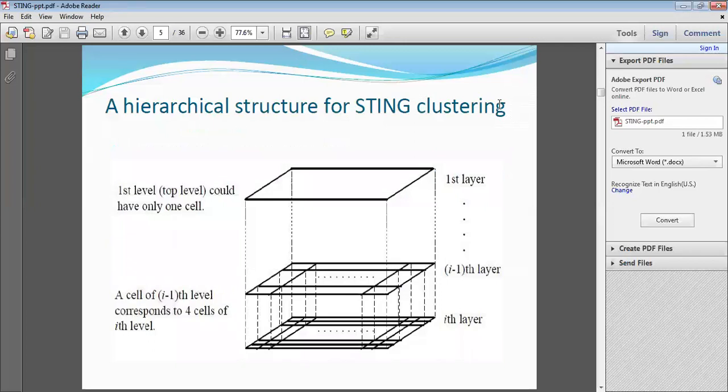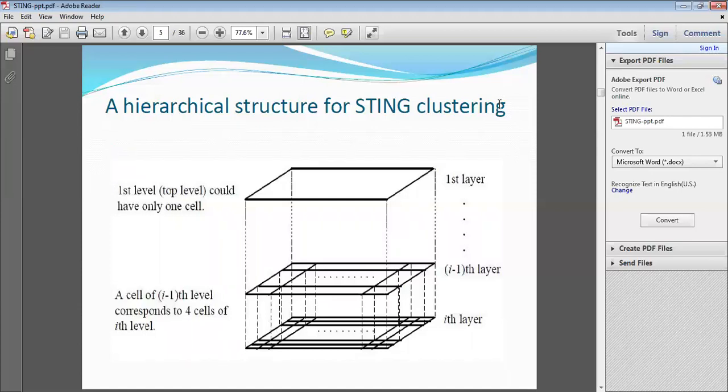In this diagram, I'm showing you the same spatial plane divided into different numbers of grids. At the root level, there is a single plane, and at the bottom level there are grids, but the size of the grids is very small.